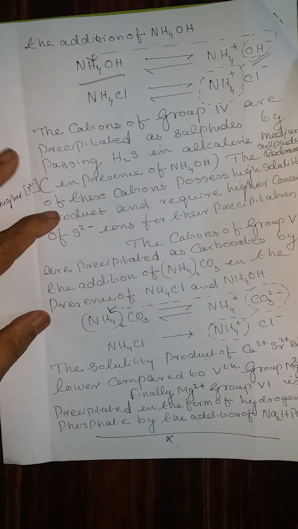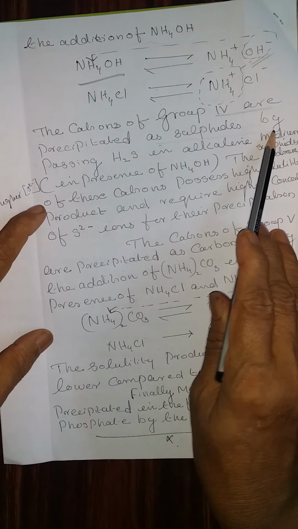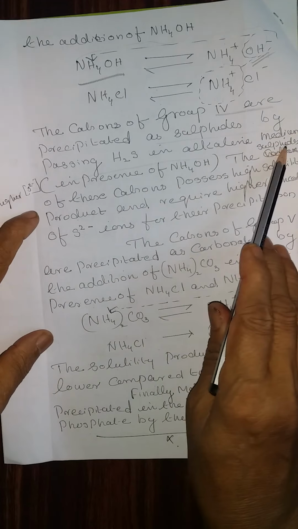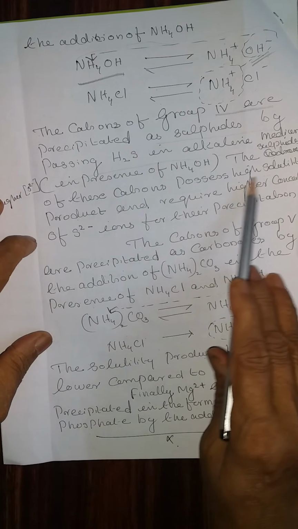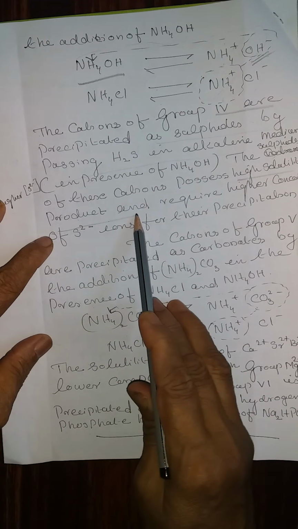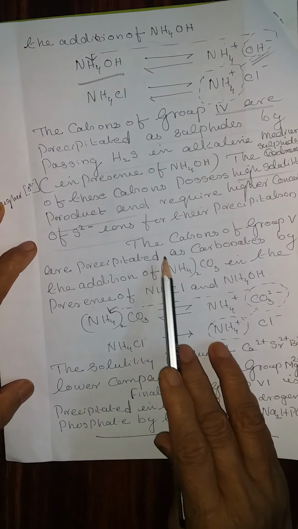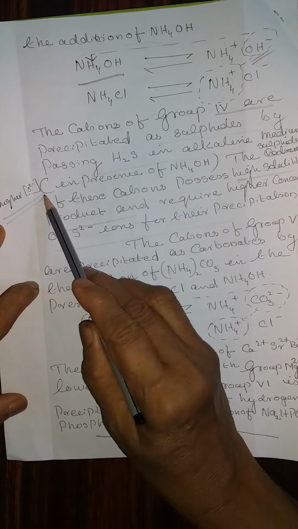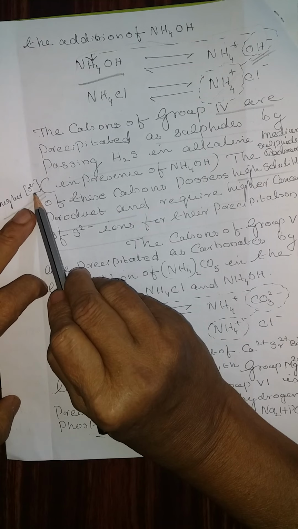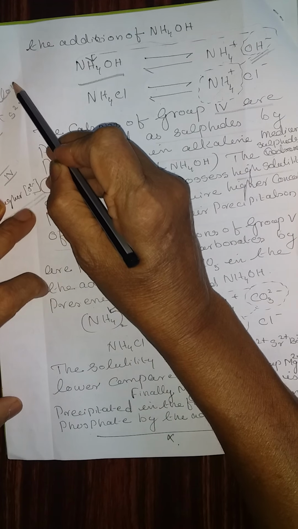The cations of group 4 are precipitated as sulfides by passing H2S in alkaline medium. The sulfides of these cations possess high solubility product and require a high concentration of sulfide ions for precipitation. In the second group also sulfide ions are used, but only a low concentration is required. That is the difference.